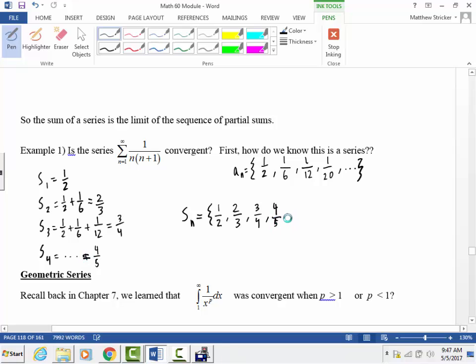So the question is, if I add all these up, does this sequence converge, right?